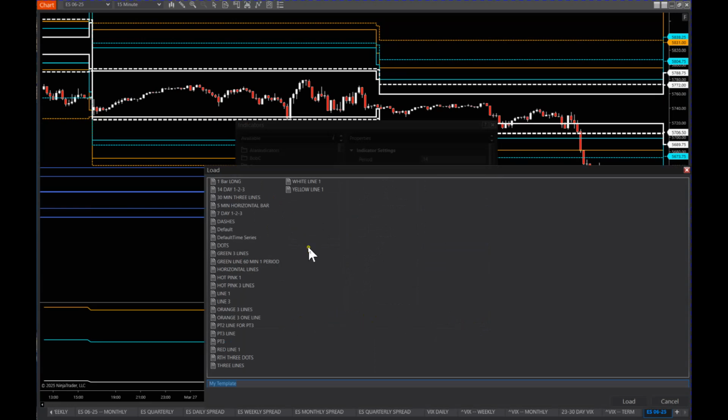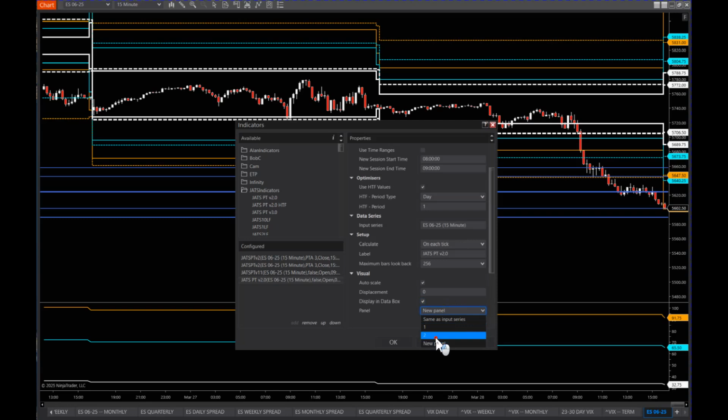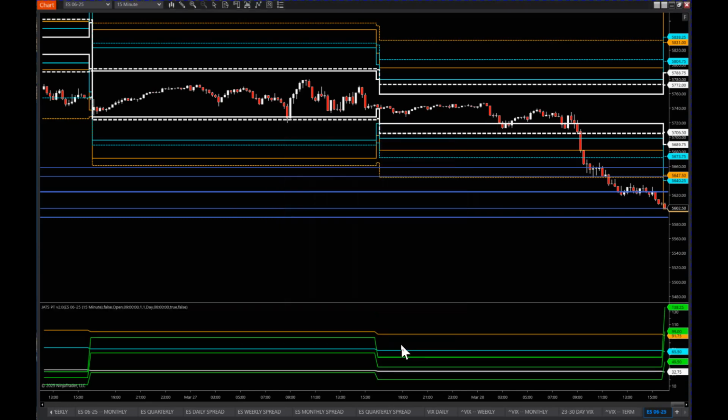Let's make them all green, 3 lines. And we'll put that on the PT2. All right, so our Rvol is in green and our Hvol is the white, blue, orange.